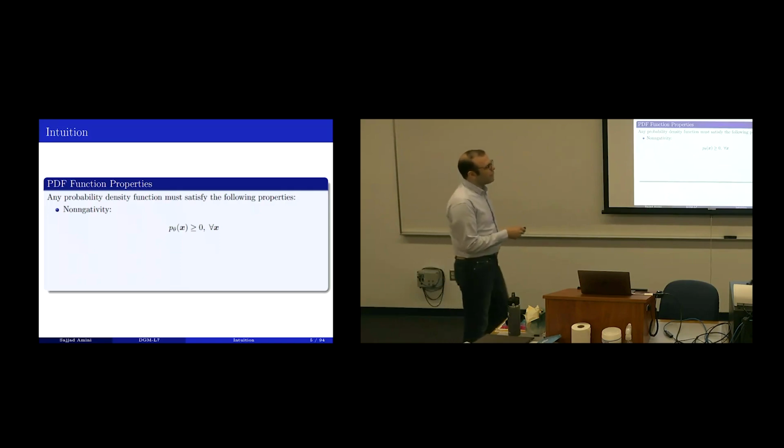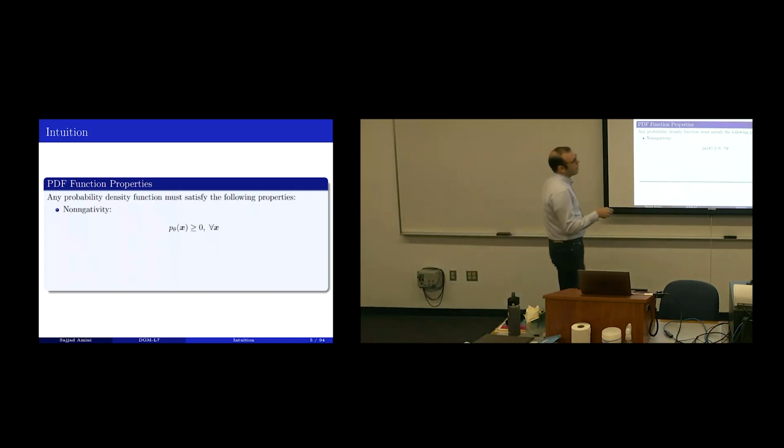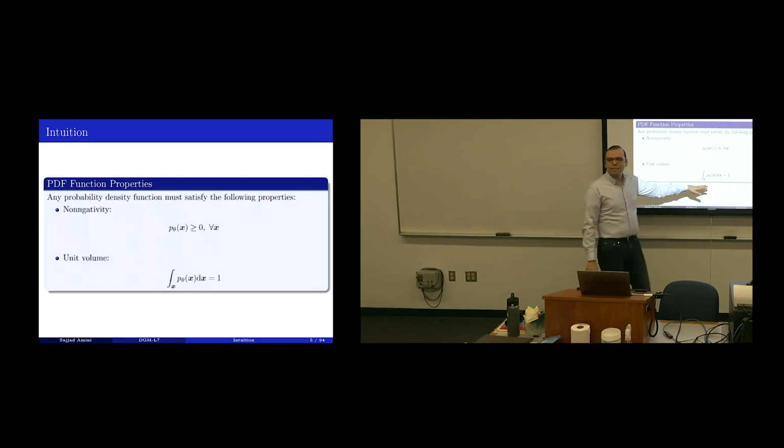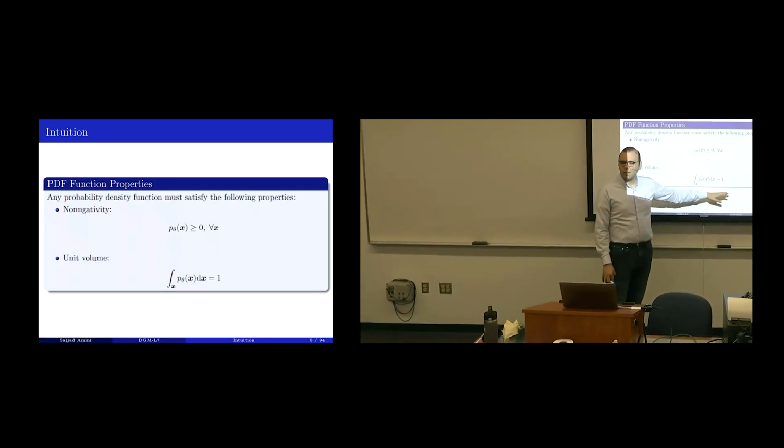We know that a PDF, p theta of X, must satisfy the following two properties. The first one is that the likelihood must be positive. The next one is that the area under the curve, or the volume of this model, must be equal to 1. If you do not apply this limitation, the model will not work.